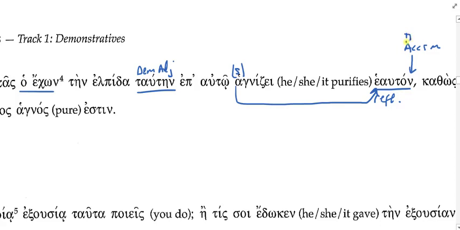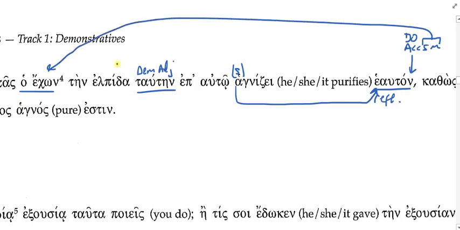That's right. So it's direct object. Why is it singular and masculine? Yes, it's referring back to ha echon.